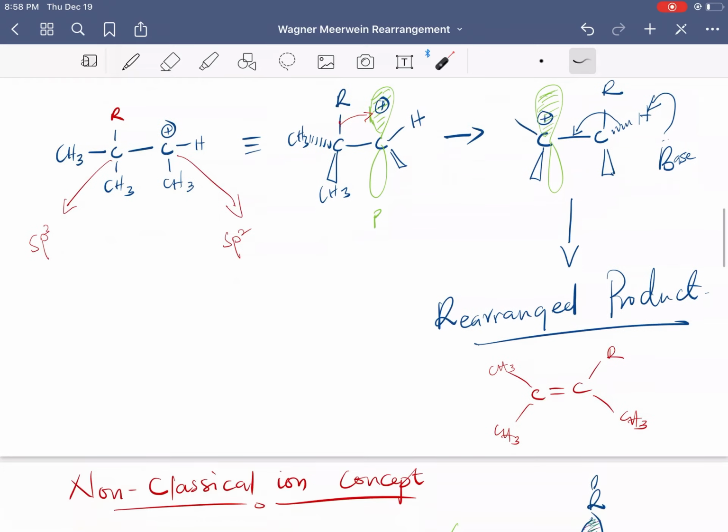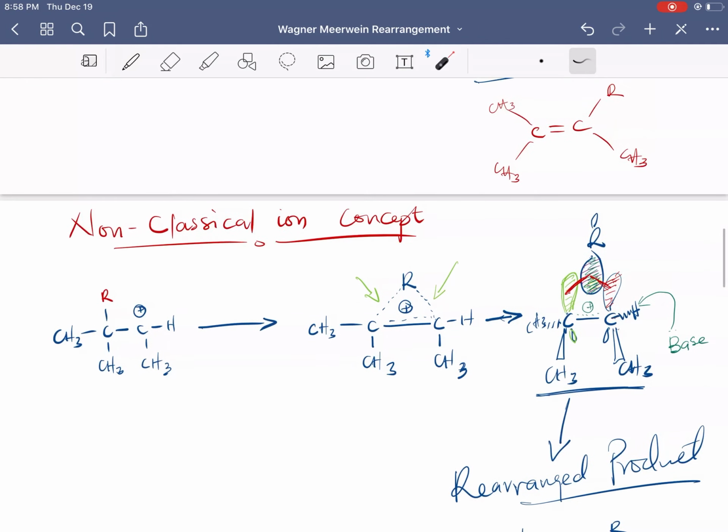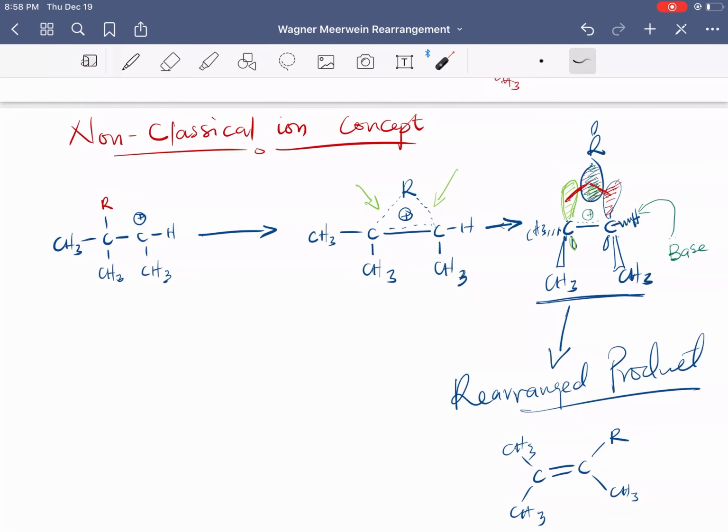Now let's look at the non-classical ion concept. In this concept, after the carbocation has been generated, it is purported that the bond between this carbon and the R group becomes partial, whilst a partial bond between this R group and this carbon here is being formed. As shown in this intermediate, there's a partial bond here and a partial bond there.